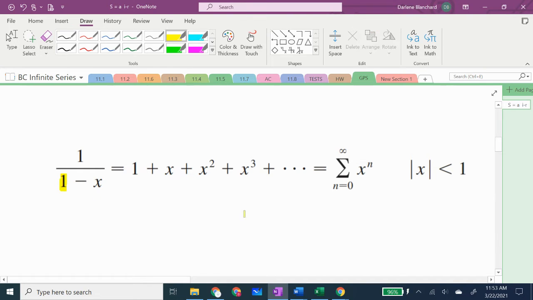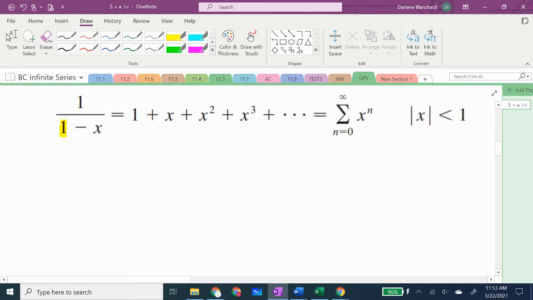This right here is a beginning key to look at. You want this to be a 1 being added to an expression with the variable in the denominator. That's your key beginning point.